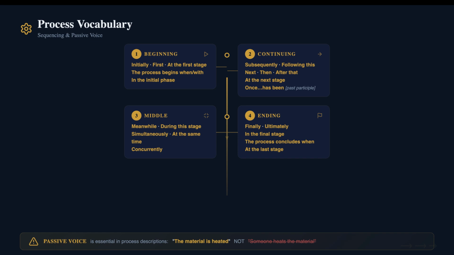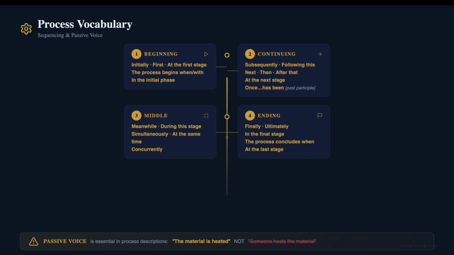So, what do I mean by group 1, beginning? Beginning here is a group of vocabulary or lexical resource used to describe the beginning of the process of doing something. So, we have the word initially, meaning at the beginning, or first, at the first stage.